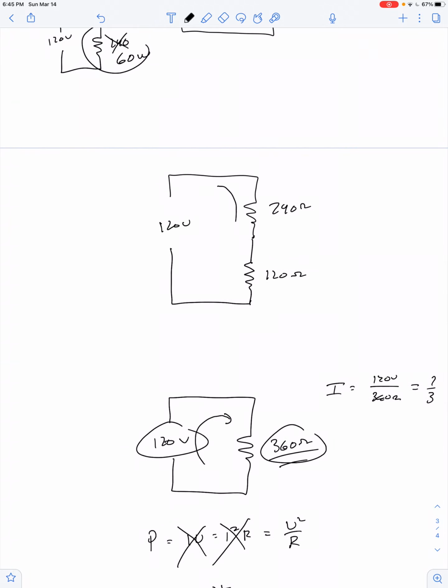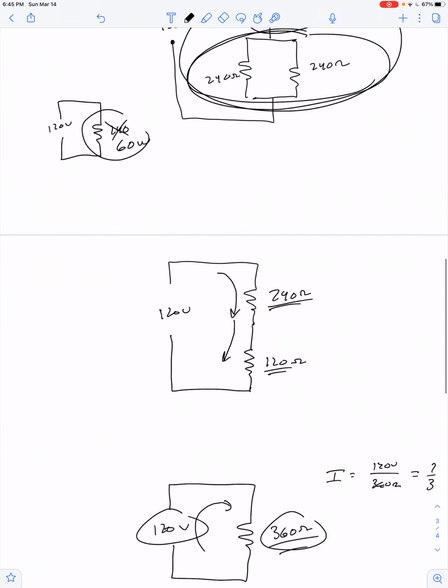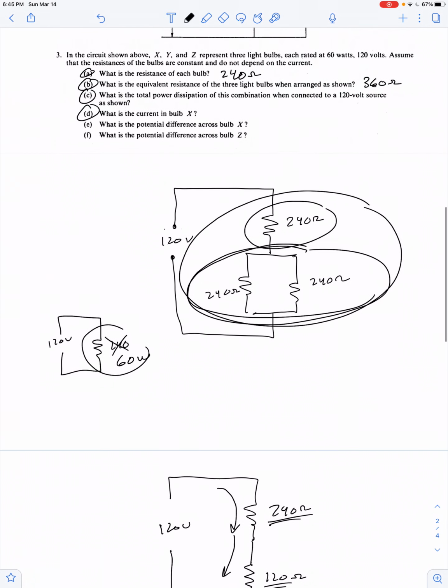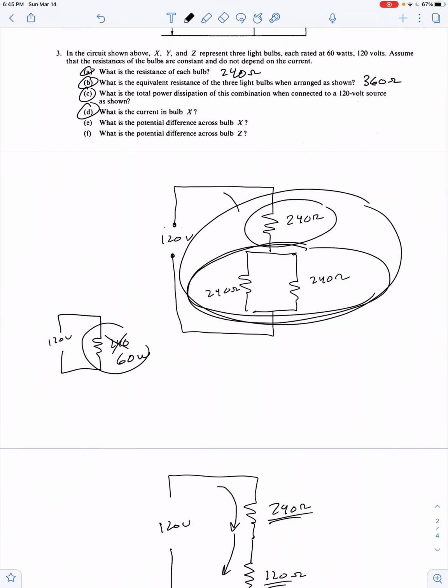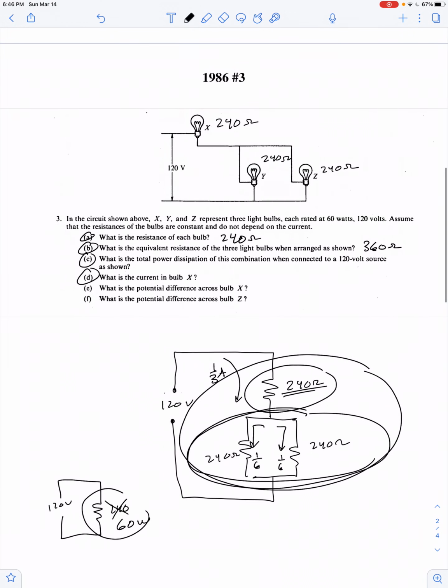So that 1/3 of an amp is the current through this 240 ohms of resistance, and it's the current through this equivalent 120 ohms. So if we go back to this circuit, that 1/3 of an amp is flowing through this 240 ohms, but then it splits up according to Kirchhoff's junction rule, so we get 1/6 of an amp here and 1/6 of an amp here.